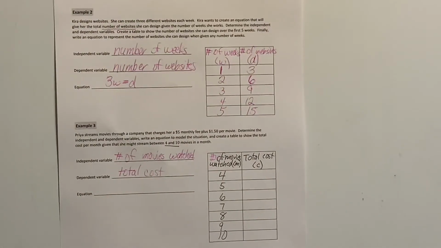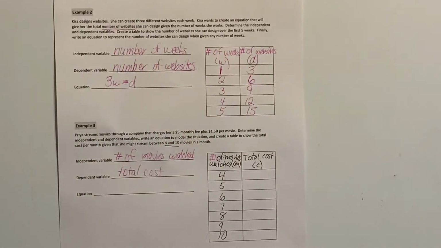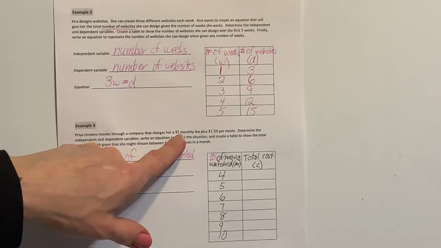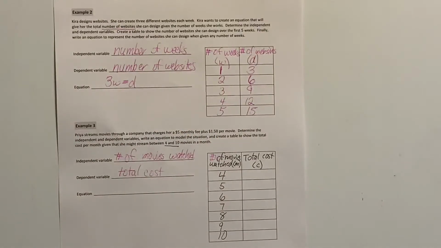Now we've got some variation here, or I should say 2 parts to it, because the movies that she streams, they charge her a $5 monthly fee plus $1.50 per movie. So we already know that she's going to be charged $5 no matter what, and then $1.50 per movie.